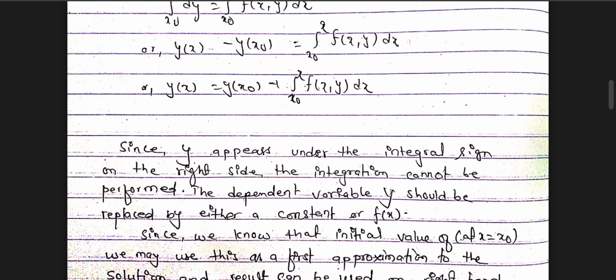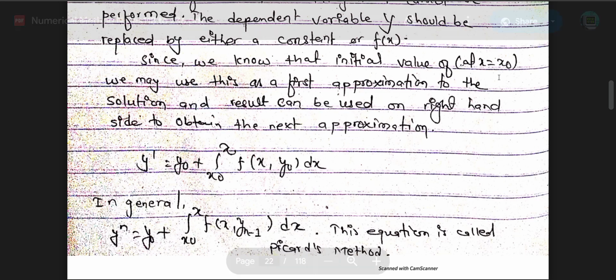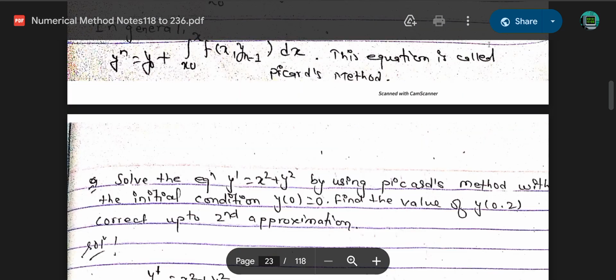Since we know the initial value y0 at x equals x0, we may use this as the first approximation, and the result can be used on the right-hand side to obtain the next approximation. In general, y_n equals y0 plus the integral of f(x, y_{n minus 1}) dx.